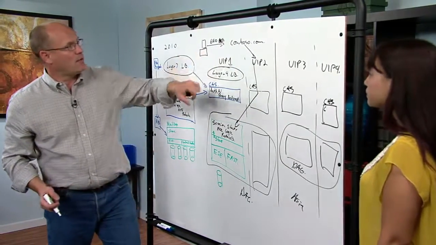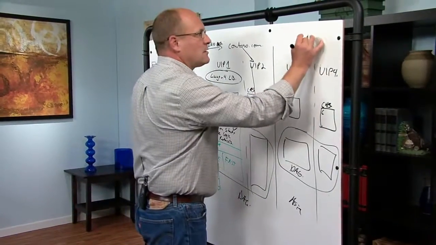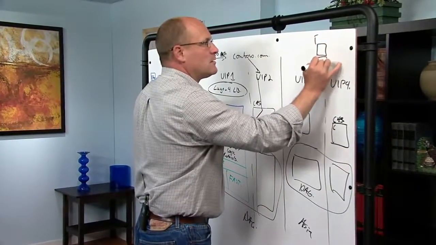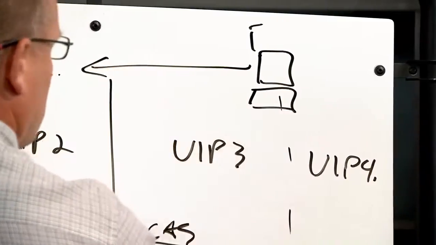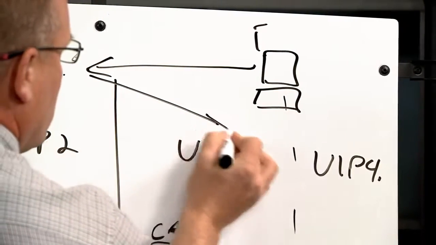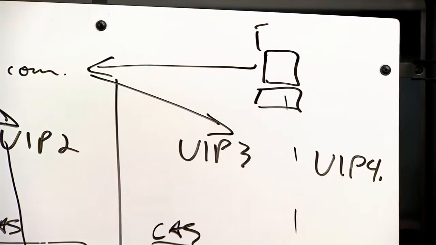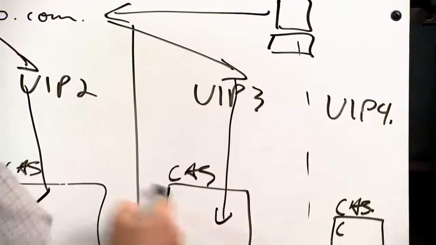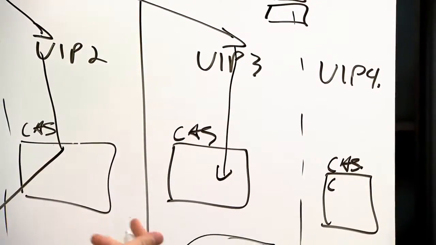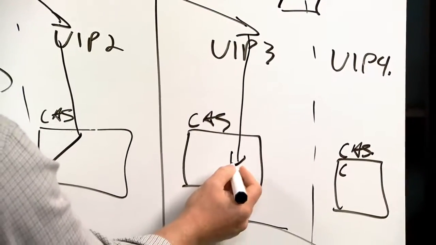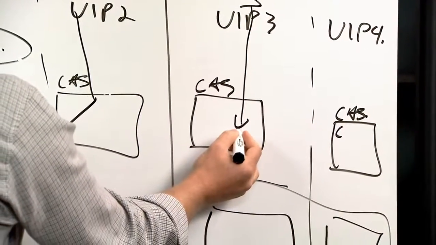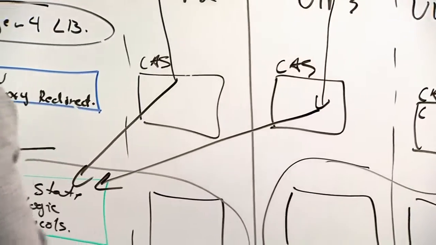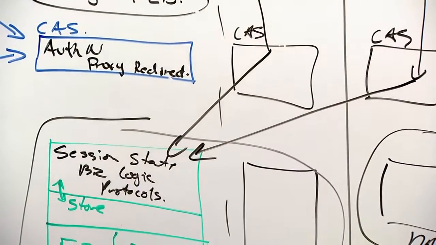So if she flies to Asia and does the request, she's actually going to get pointed to one of these two VIPs, even though her mailbox server is, again, back here in North America. Okay. So it's going to come through this CAS array. The initial hop is going to be very quick because it's close to her, and those round trips get short-circuited, and then she gets passed back to her mailbox server back in North America.